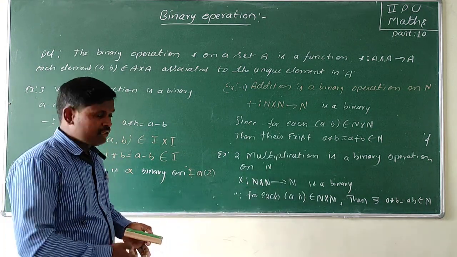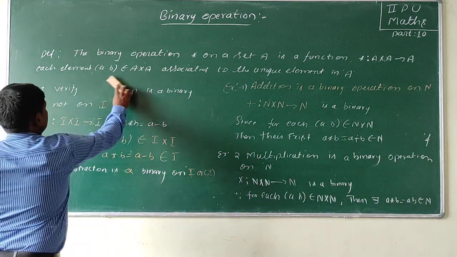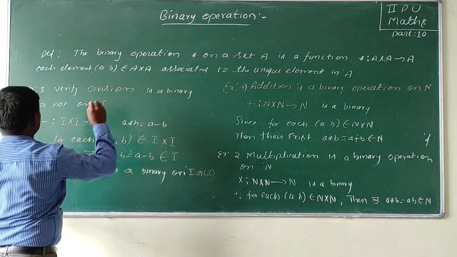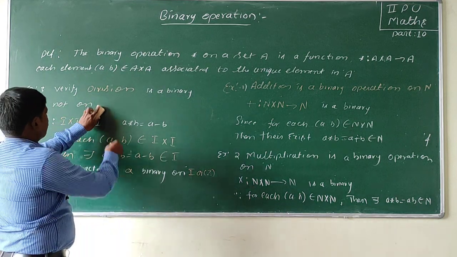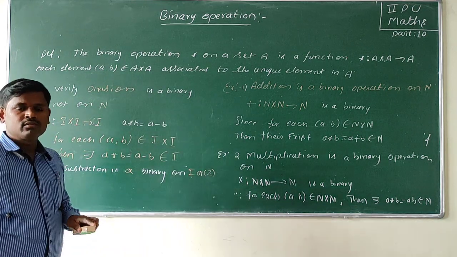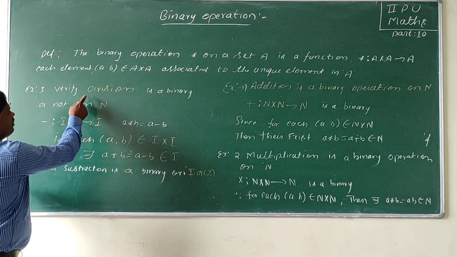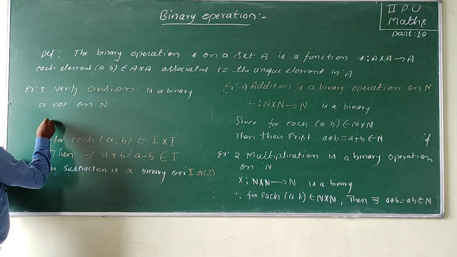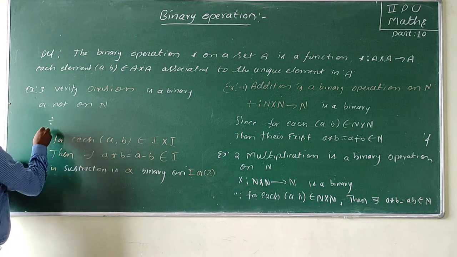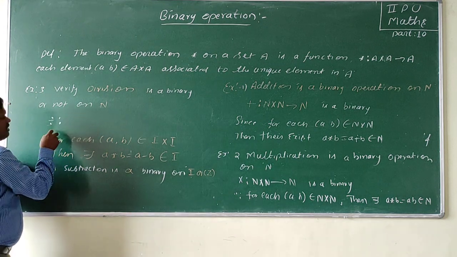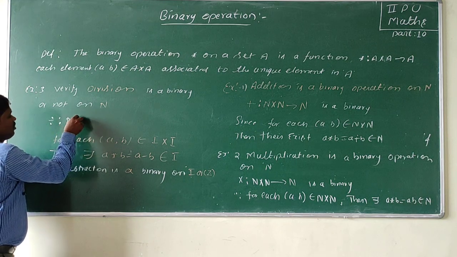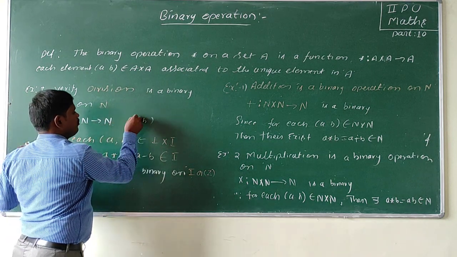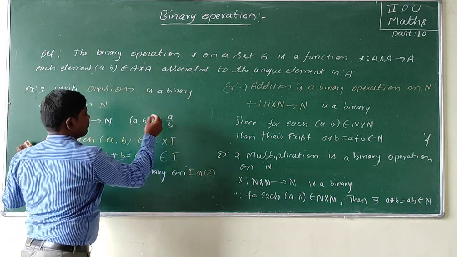Similarly, what happens if I verify division? Is division a binary operation on natural numbers? We define the operation as a mapping from N cross N to N, with a star b equal to a by b.